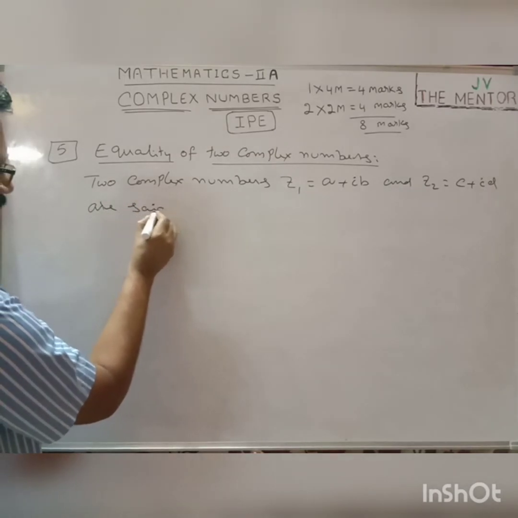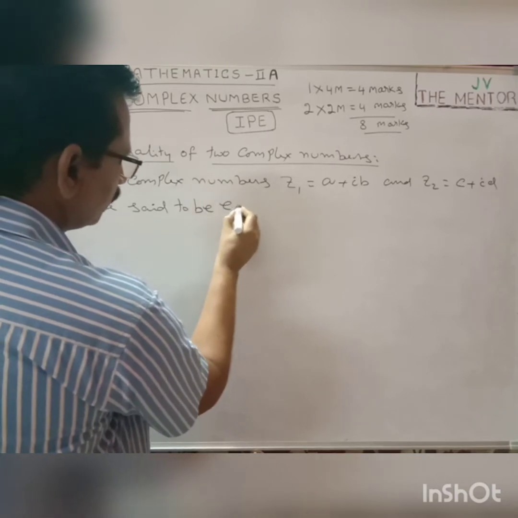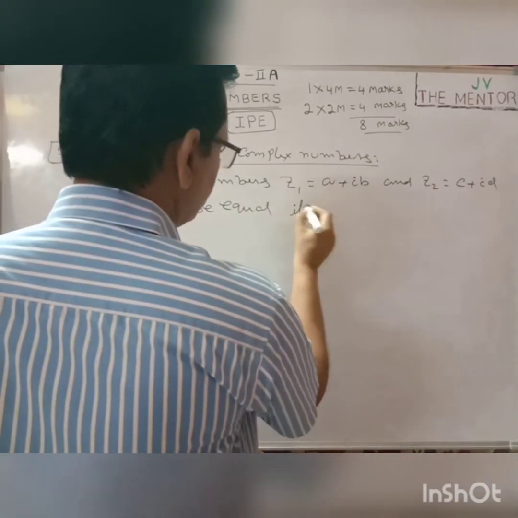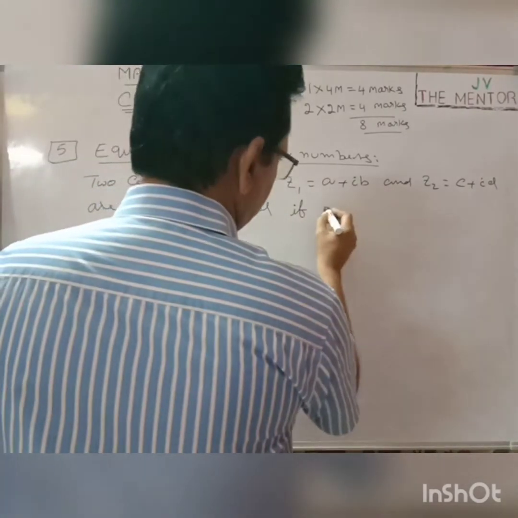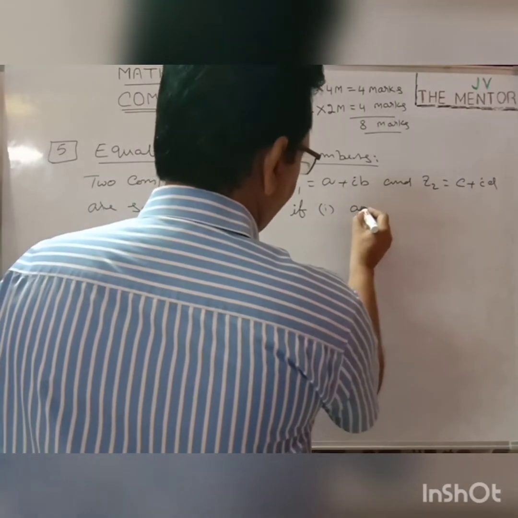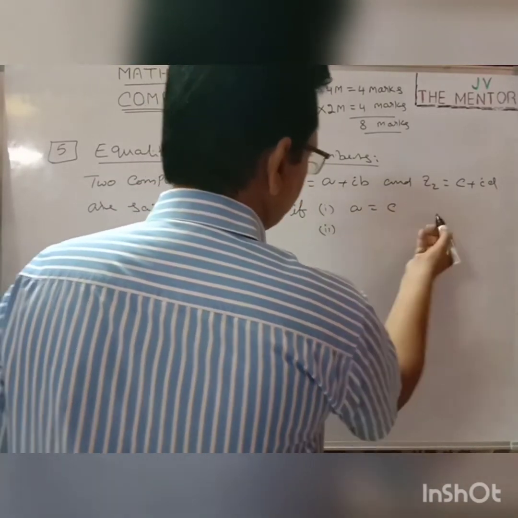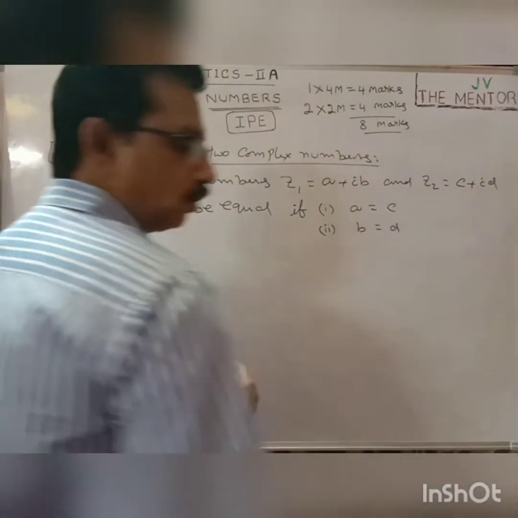The two complex numbers are said to be equal if the real parts are equal, first a equals c, and second b equals d.